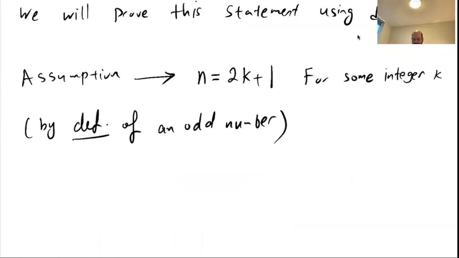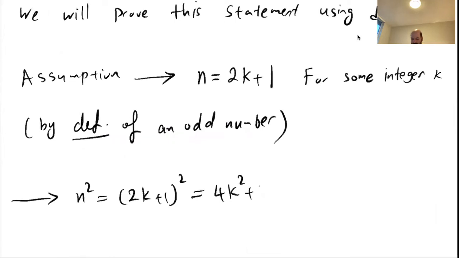So then n squared is equal to 2k plus 1 the whole squared. Now, for 2k plus 1 the whole squared, I have an identity, right? What is the identity? A plus b the whole squared is a squared plus 2ab plus b squared. So this is going to be 4k squared plus 4k plus 1.